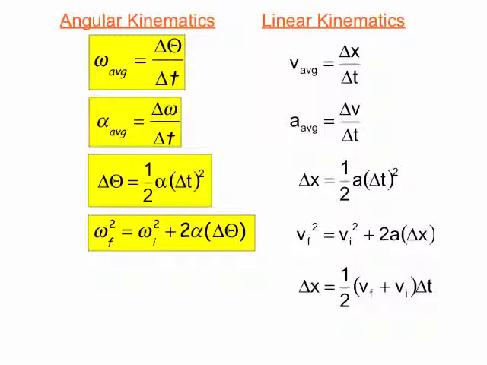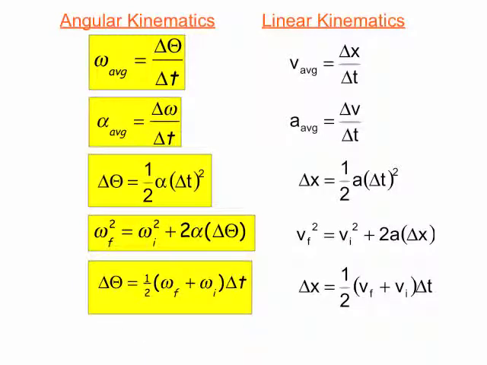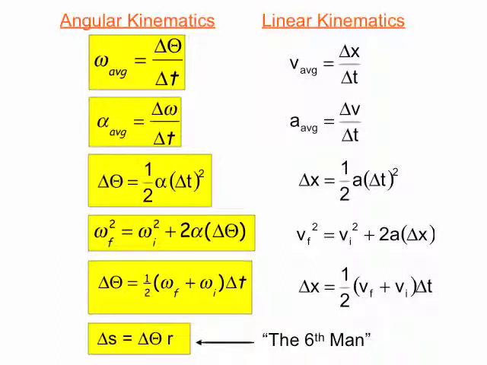You can also find displacement as 1/2 of the sum of your two velocities times delta t, which can also be done the same way with angular. There's an extra one for angular motion though, and that is arc length. Arc length is angular displacement times the radius. We call it the 6-man.